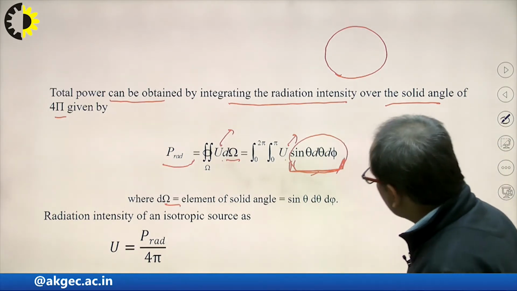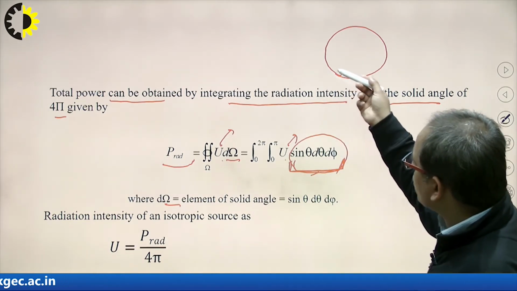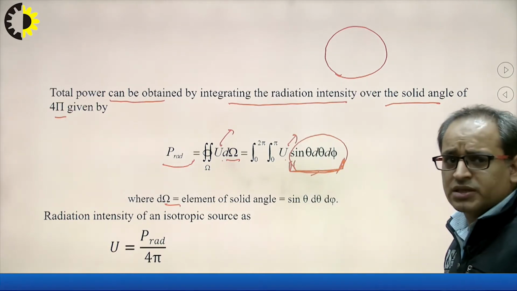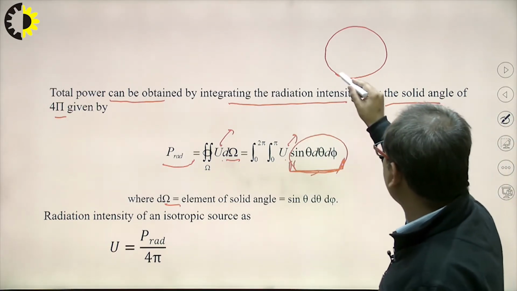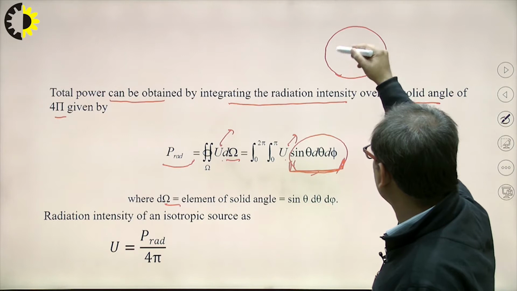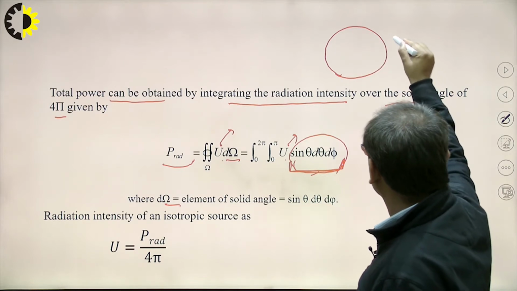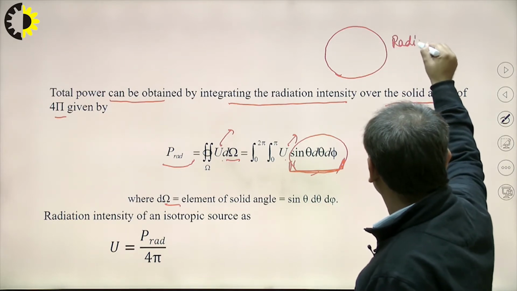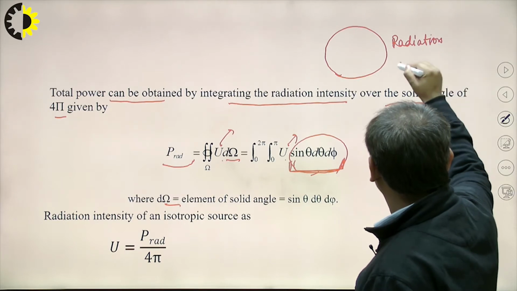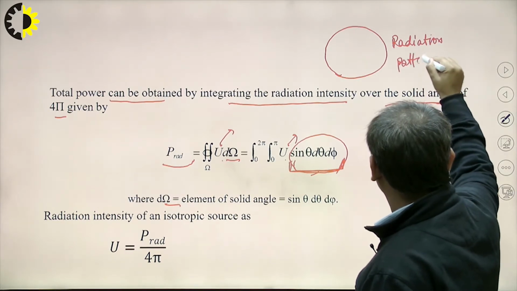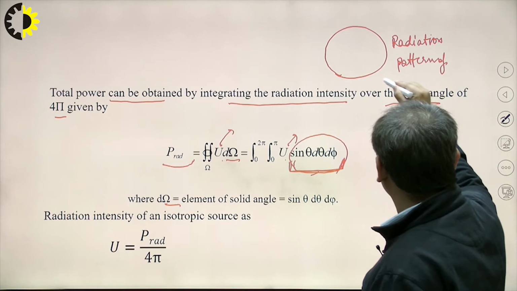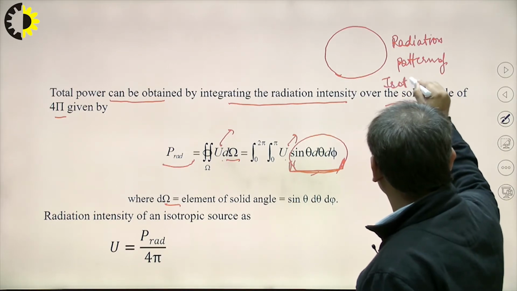Now if I want to calculate for the isotropic antenna, which has a radiation pattern like this, the whole sphere, this is the radiation pattern of an isotropic source.